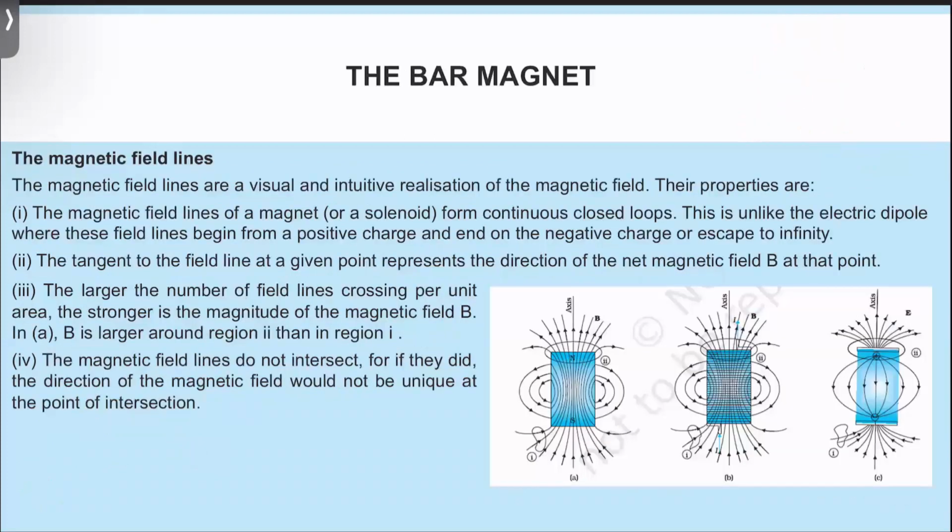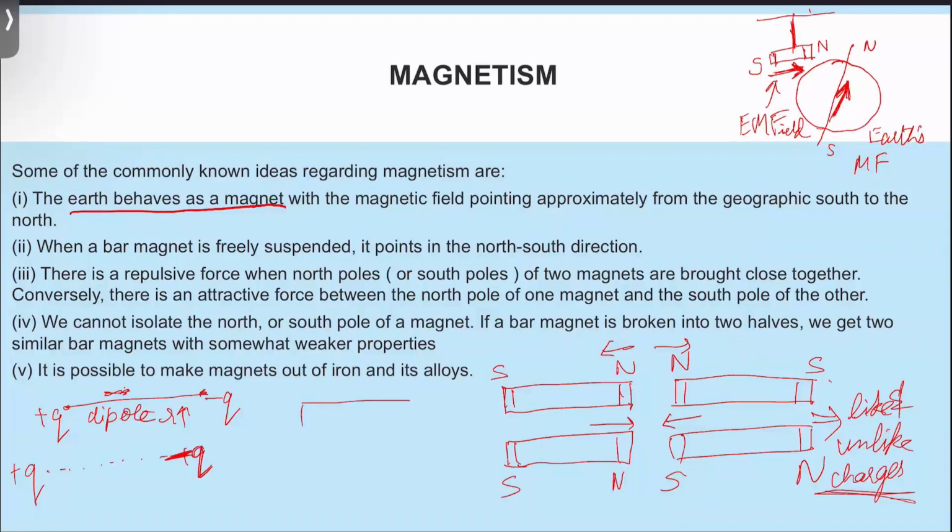If this is your initial bar magnet, you have your south pole and your north pole. If you break it in the middle, it will not become just a south pole and a north pole. The section where you have broken it apart itself becomes new poles.